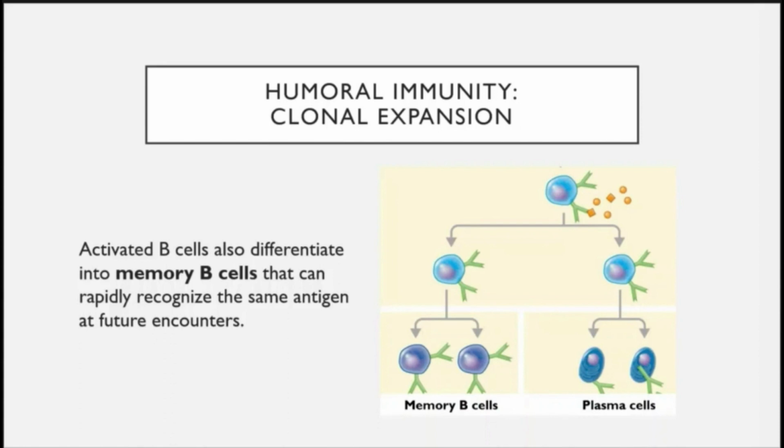It can differentiate, therefore, into either memory B cells and plasma cells and make a monoclonal expansion. So many more cells of that particular B cell will be replicated or cloned. So here we can see how the adaptive immune system can be specific for an individual pathogen and also have a memory.